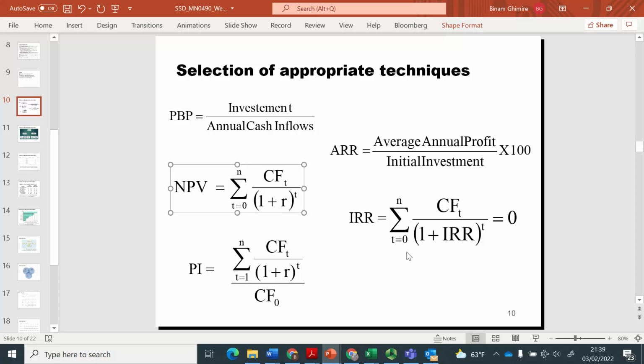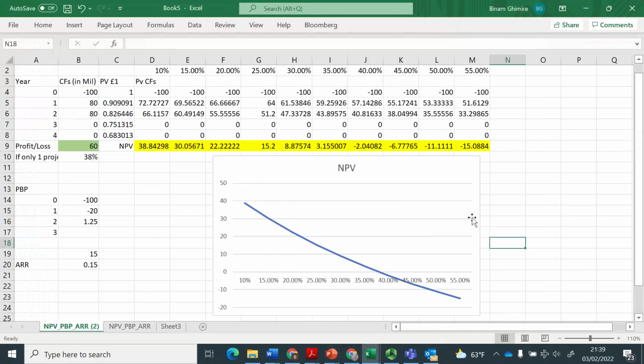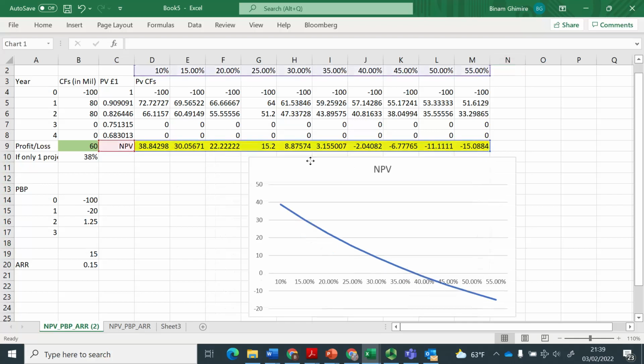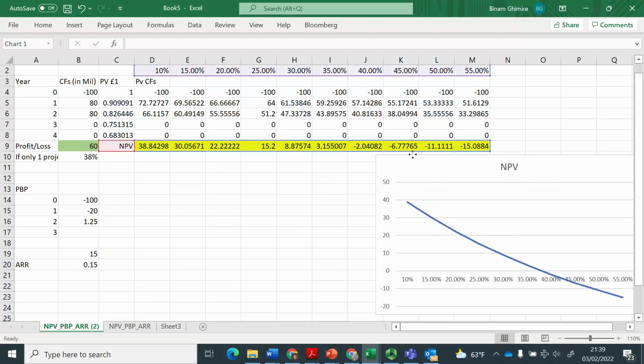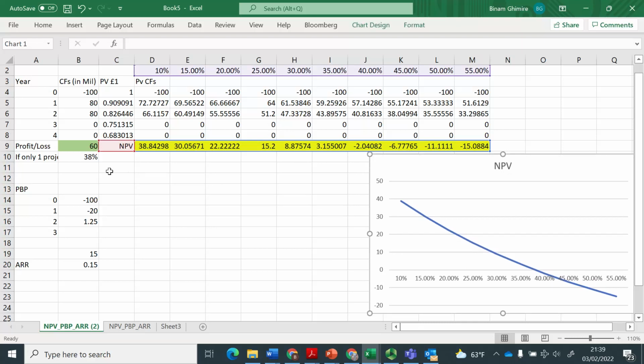And when we compute this, what do we need? The NPV 0. So IRR is a rate that forces NPV to become 0. And that's what we see here. This discount rate, which is making this NPV 0, is actually the IRR. So let's see if that is the case, which means we now want to find the IRR.